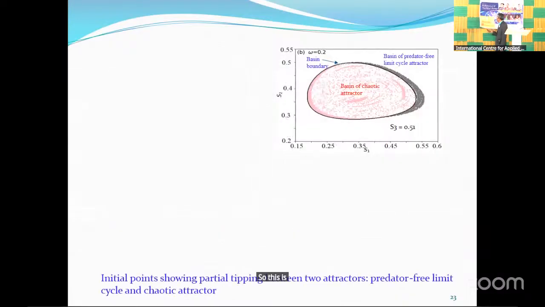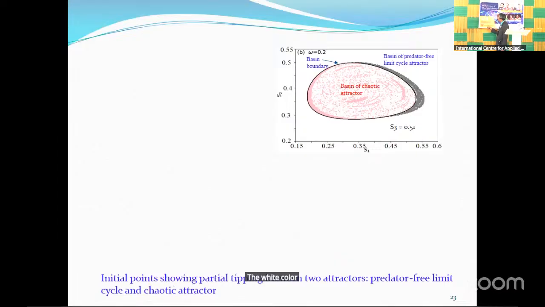So this is the plane section of the phase plane, on the plane S3 equal to 0.51. This black color is the basin boundary that separates the two basins.